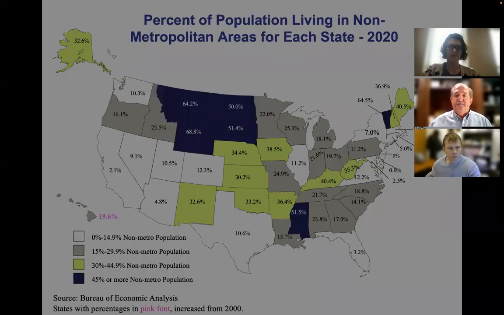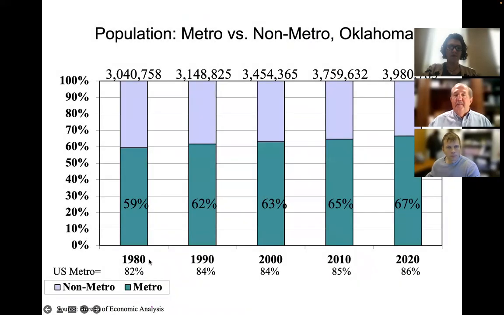Next slide. And this is a chart that presents the history of non-metropolitan and metropolitan population in the state of Oklahoma since 1980. You can see in 1980, 59% of our total population lived in metropolitan areas. By 2020, that had grown to 67%.